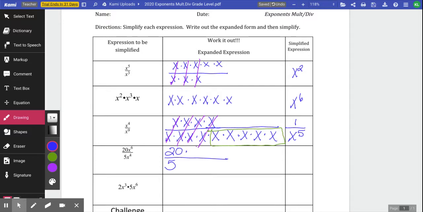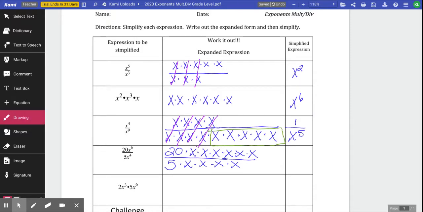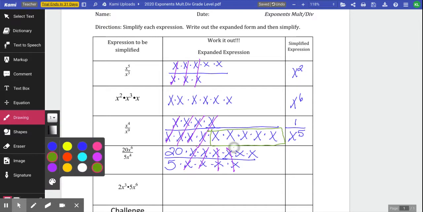So 20 times x times x times x times x times x times x, because that's x to the 6th. And then x to the 4th would just be x times x times x times x. Okay? So now, again, I'm going to cancel my x's. And I'm left with 2 x's here.